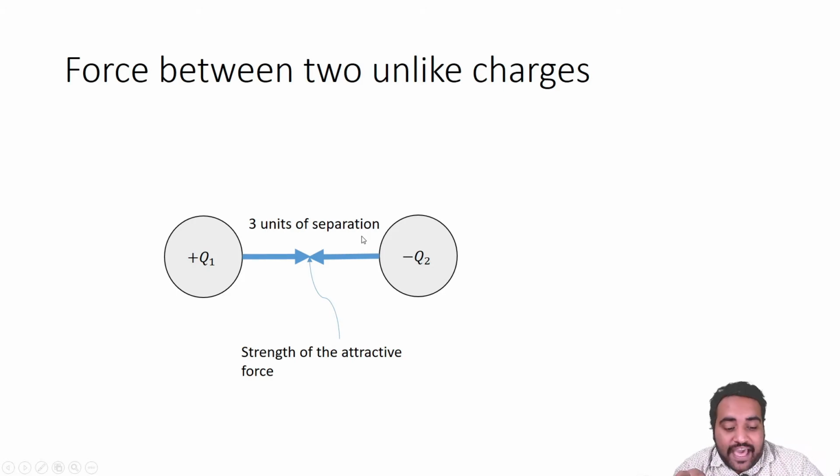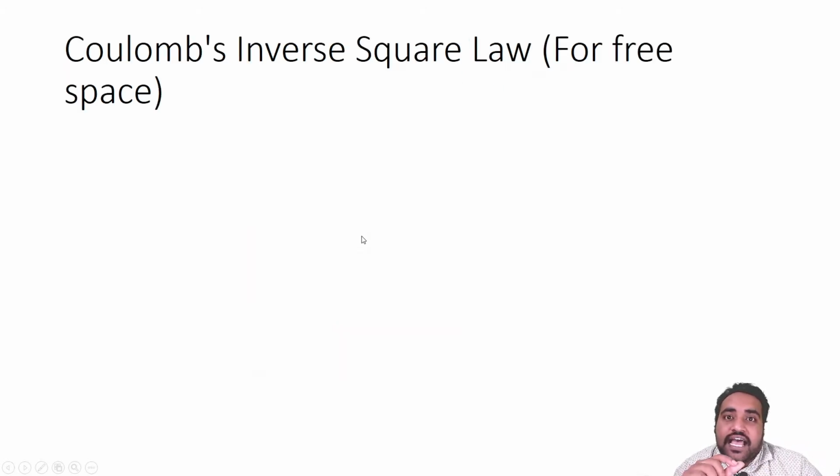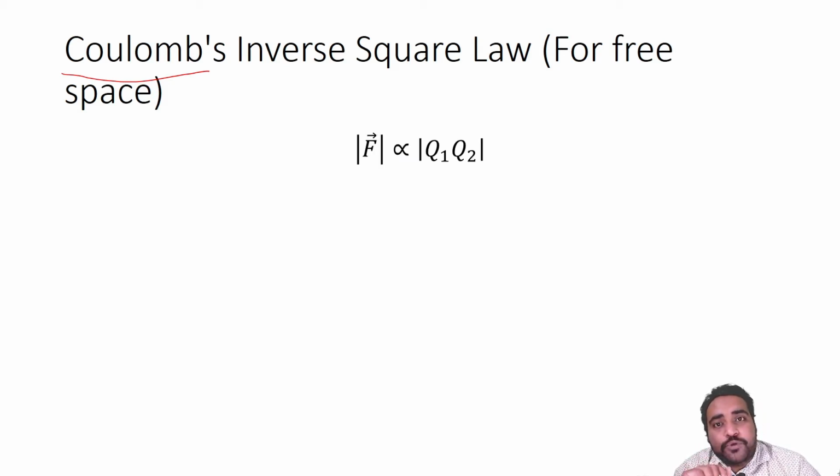So these values of forces have been quantified by Coulomb. He has identified that the electric force between two charges is directly proportional to the product of the magnitudes. And not just that, it is inversely proportional to the square of the distance of separation between them, where R stands for the distance of separation.